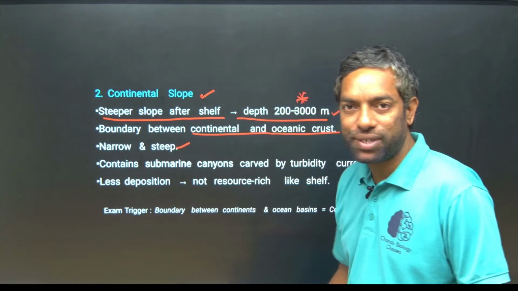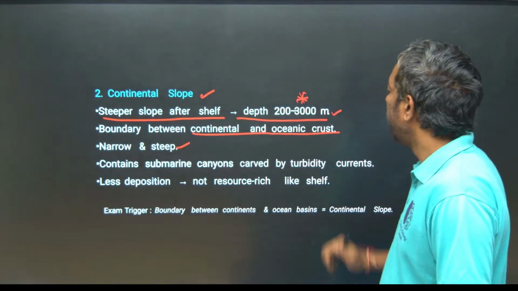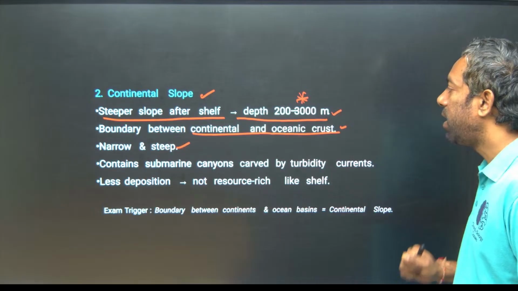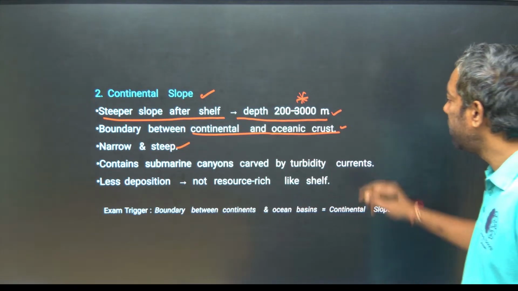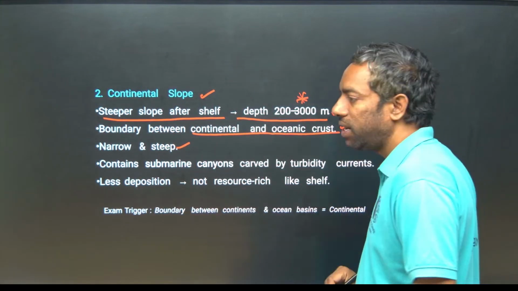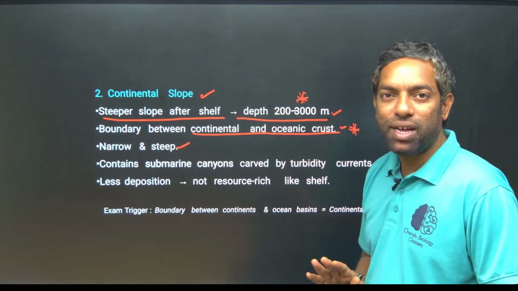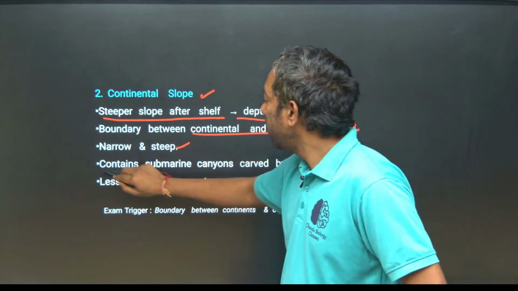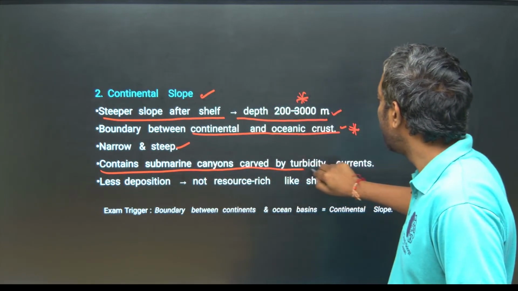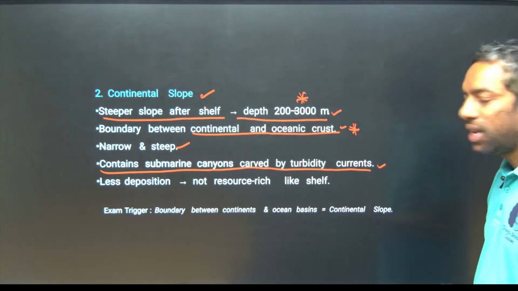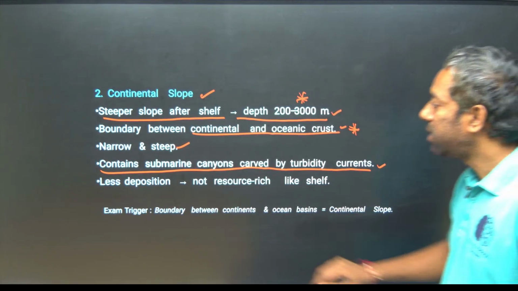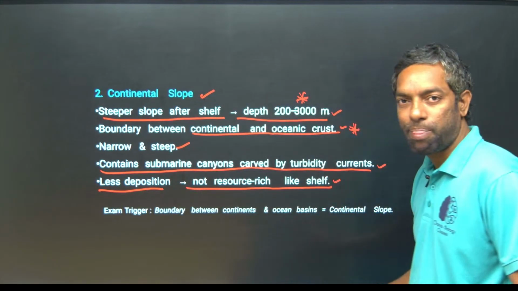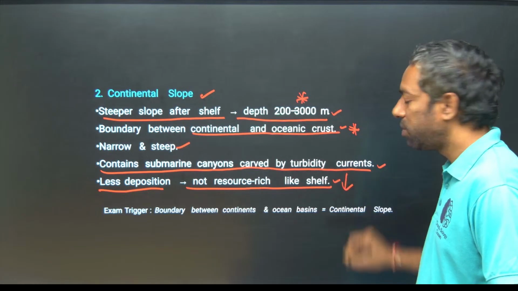It contains submarine canyons carved by turbidity currents. Less deposition takes place, so it is not resource rich like the shelf.